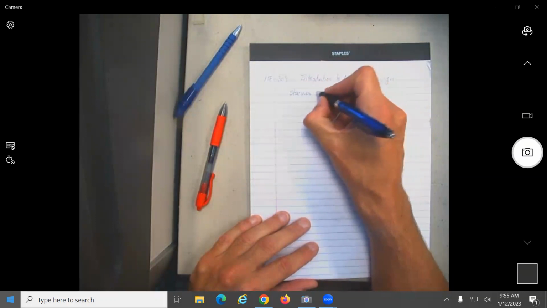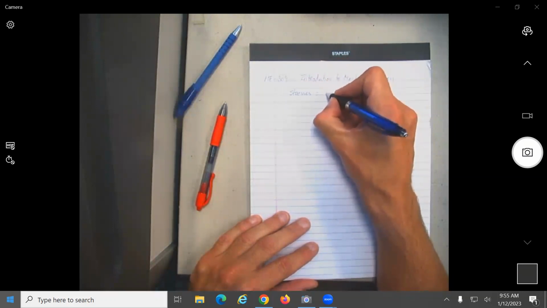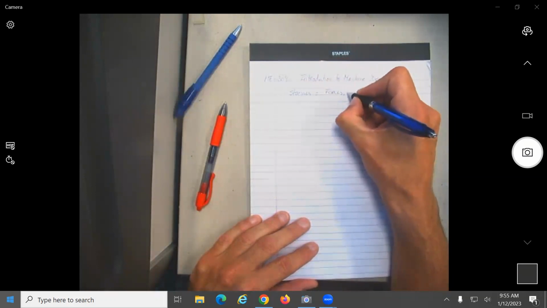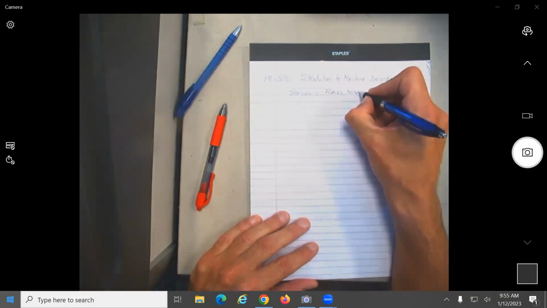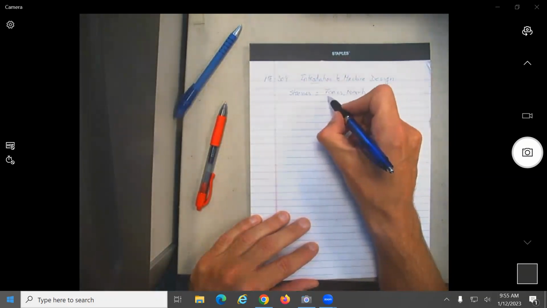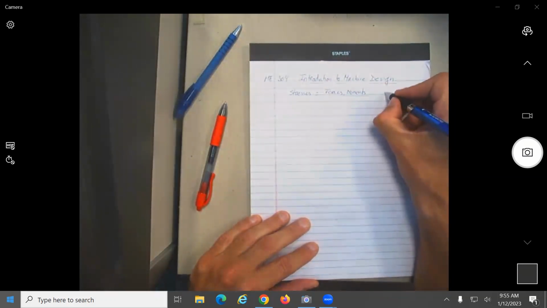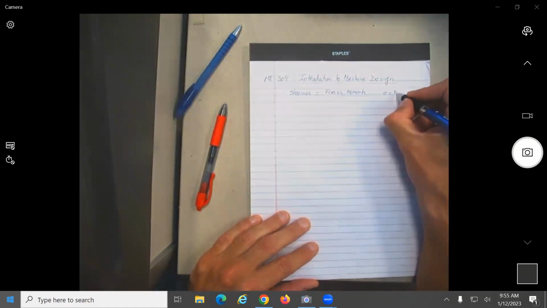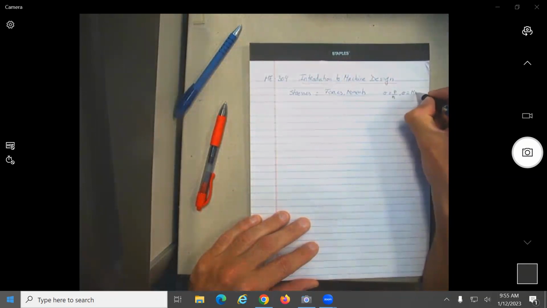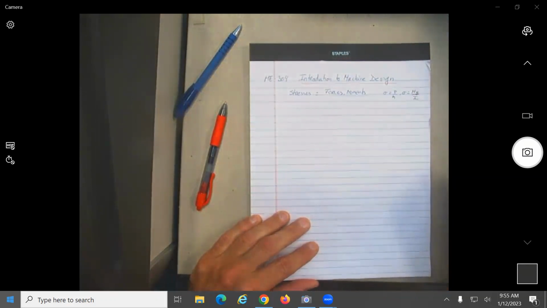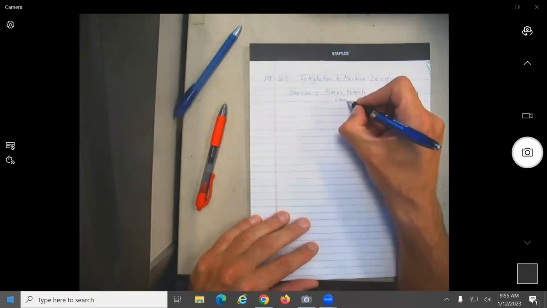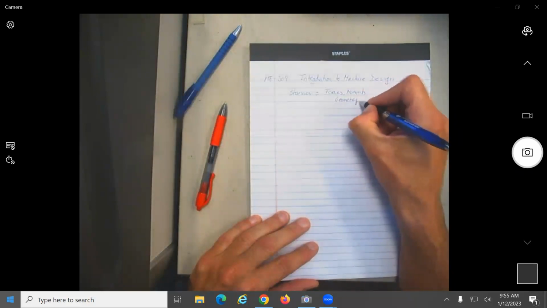And the stresses will always be some type of function of forces and moments. It can be P over A, or for bending, My over I, okay?